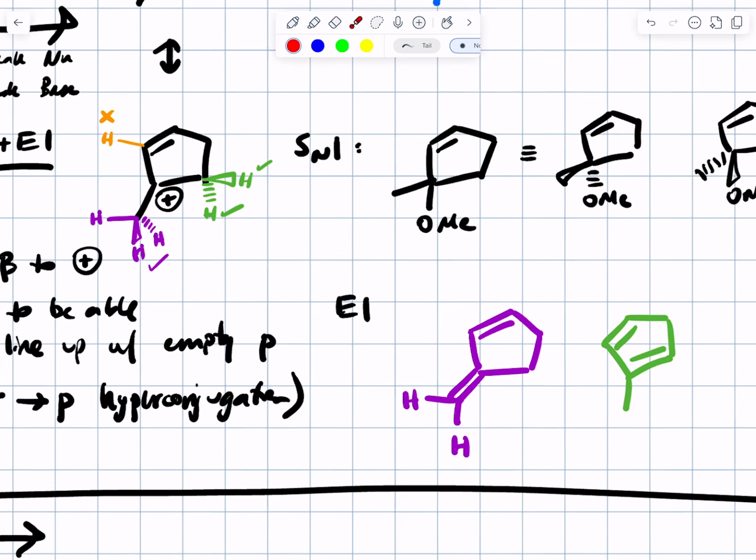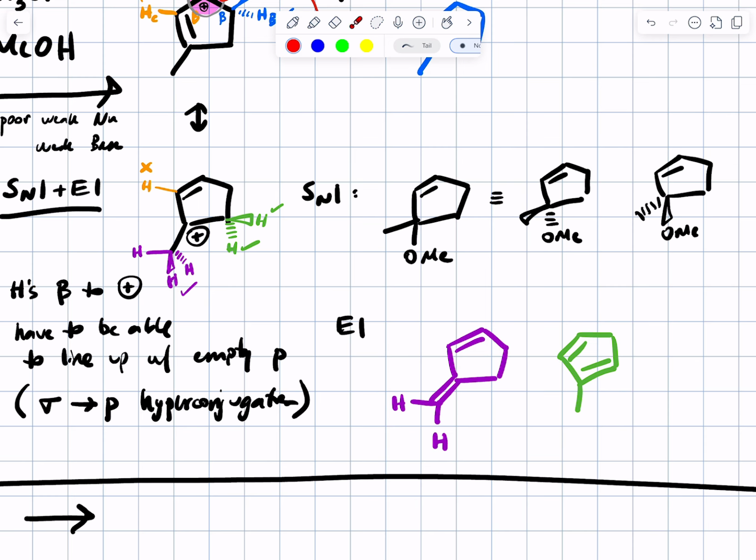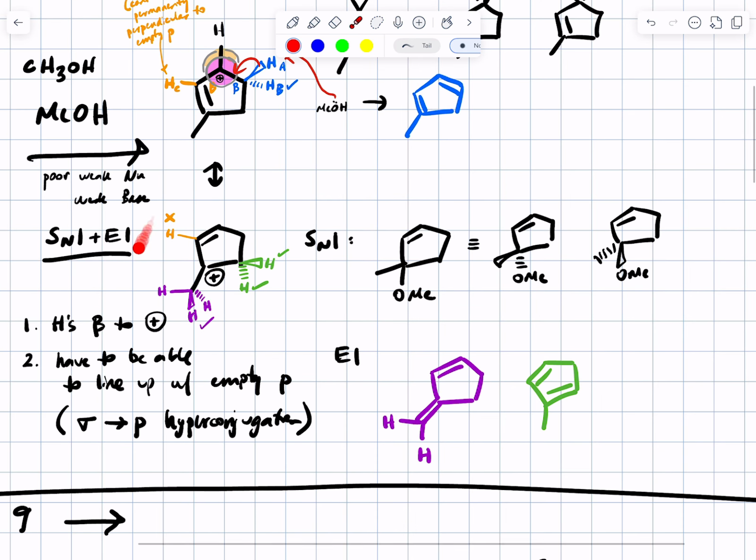The second problem is, of course, multiple beta protons and getting multiple elimination products. So we're going to be thinking about in chapter 9 how to avoid a carbocationic intermediate so that we can avoid this multiple product situation.